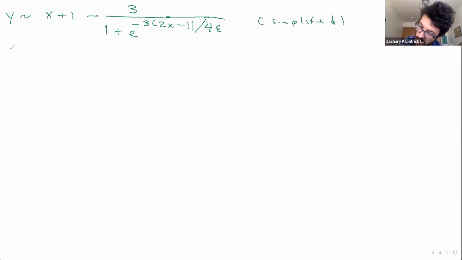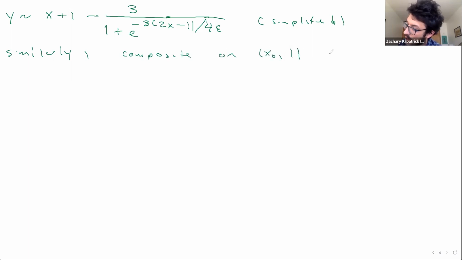And similarly, the composite on x0 to 1 is the same.